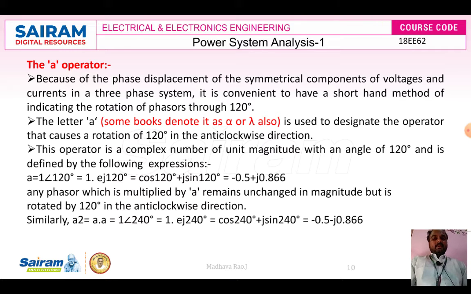The operator A is a complex number, not a real number. A complex number consists of two terms, a real term and an imaginary term. The operator A is a complex number of unit magnitude with an angle of 120 degrees.